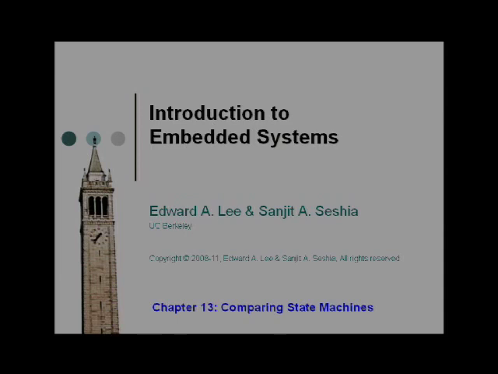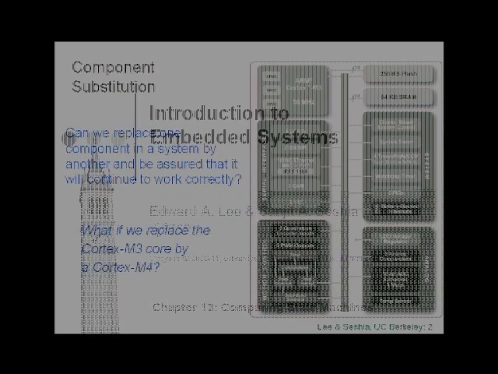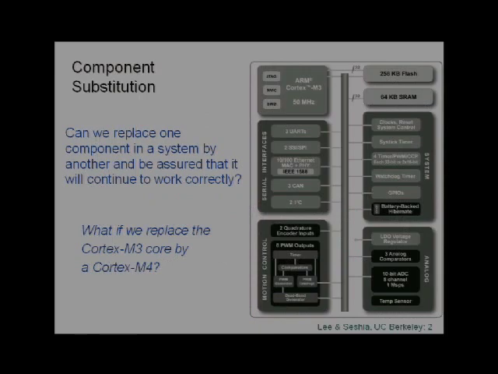So I want to motivate this by a concrete situation that shows up in industrial practice, which is the problem of component substitution. So oftentimes you create, especially if you think about the car industry, a particular version of a car, and then a year later there's pressure to release a new version, right? And so what happens in these new versions?